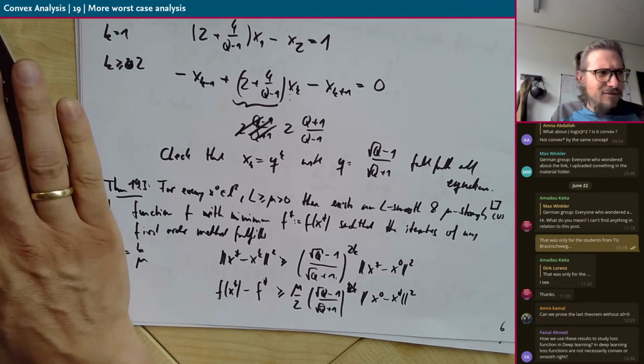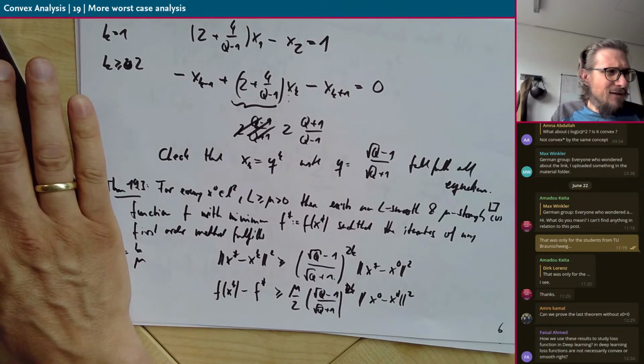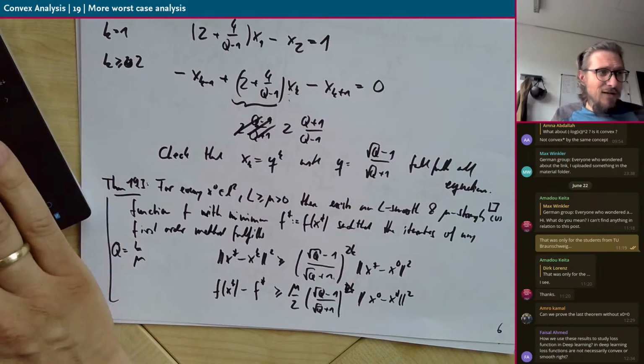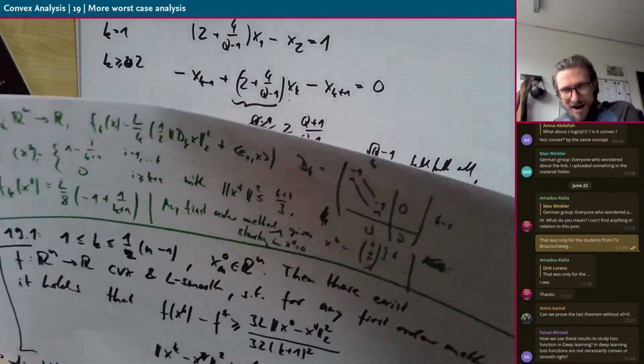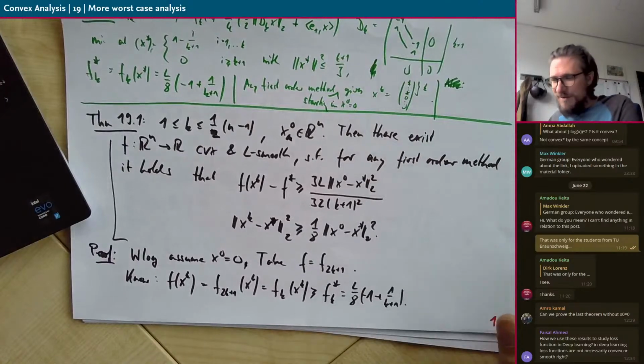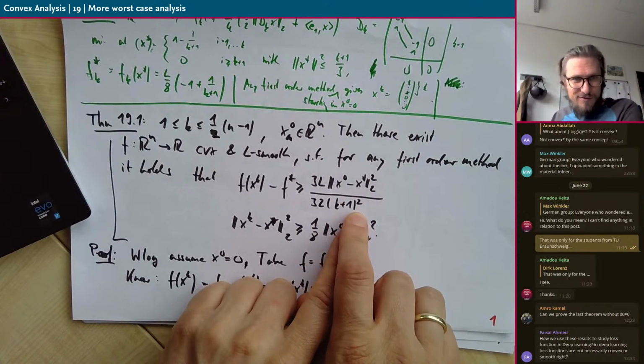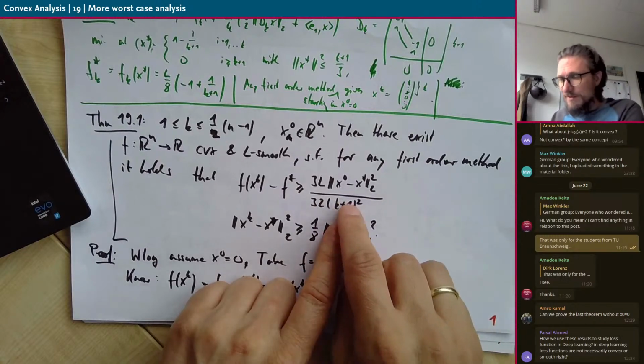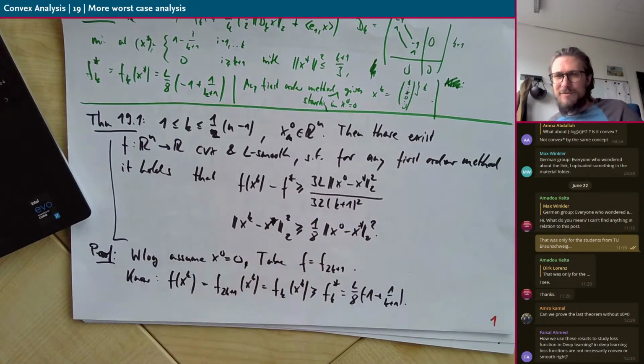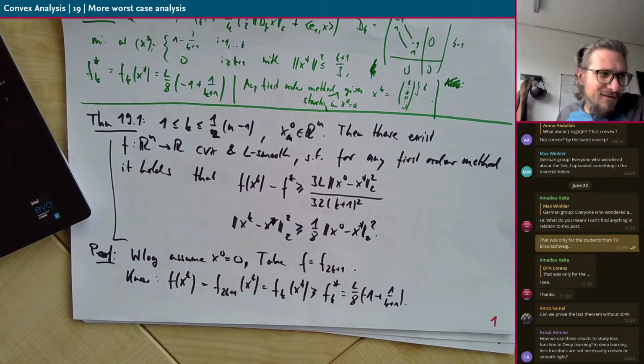It's not the same lecture. At the beginning of the next week, we see that there are actually simple gradient methods which come close to this, which do have a 1 over k squared. The constant is worse, okay, but it's still 1 over k squared. So that will be the first lecture in the next week.